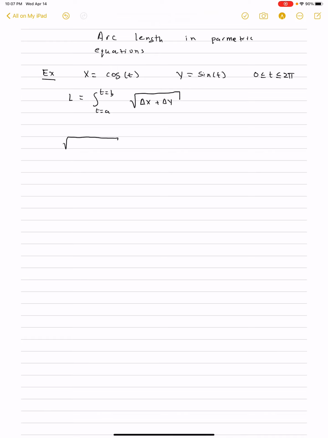What we're going to notice is, hey, the change in x is like dx dt, and the change in y is like dy dt. And so we're going to integrate everything in terms of t.